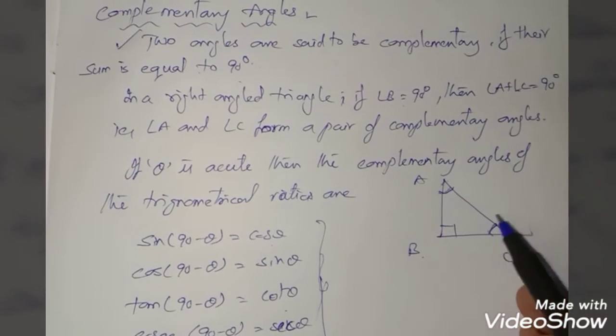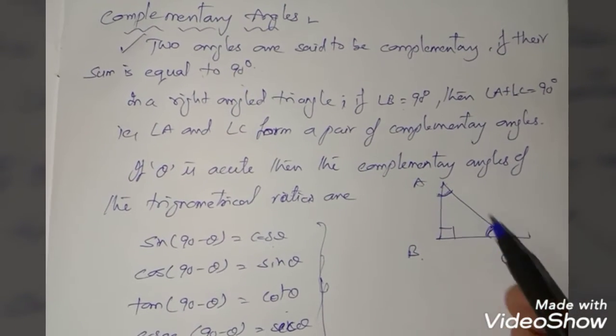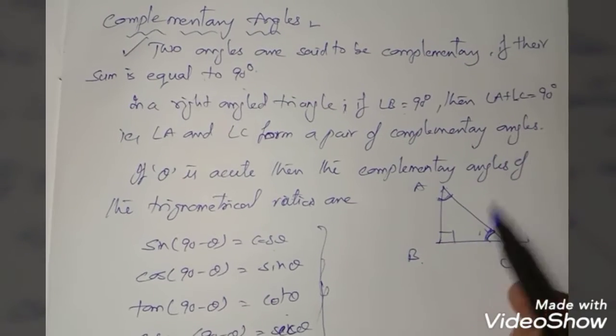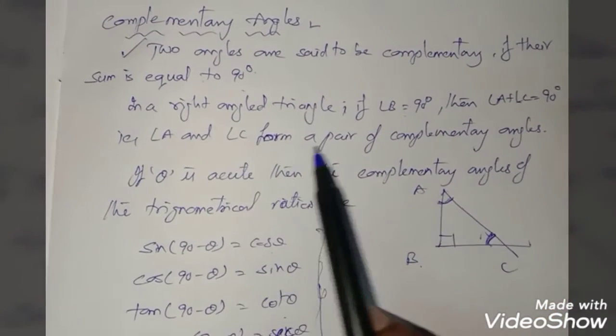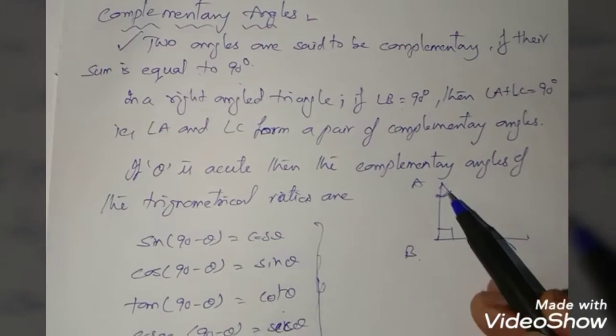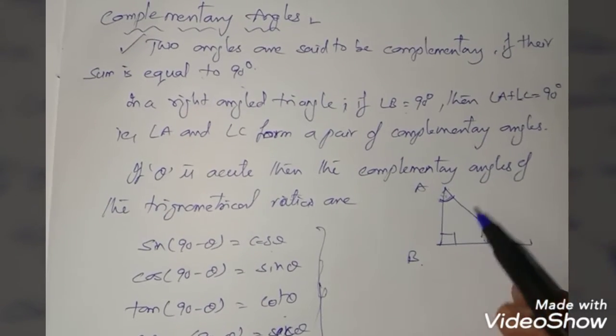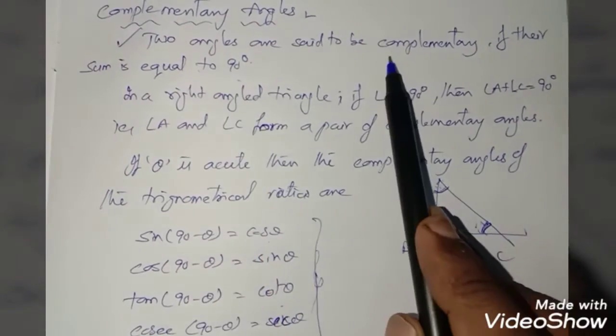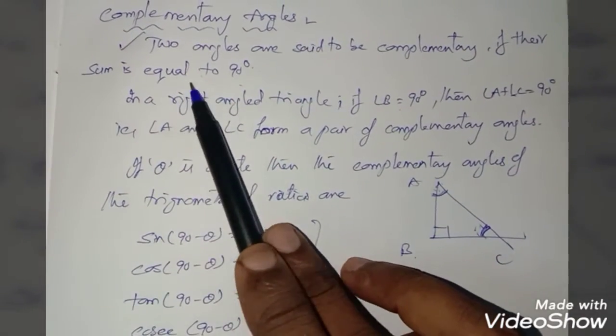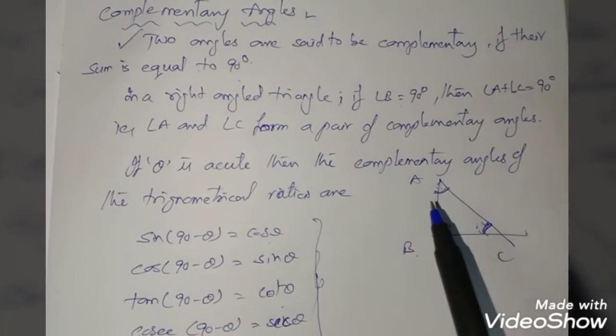The sum of these two angles, angle A and angle C, gives 90 degrees. So we can say that A and C form a pair of complementary angles. It means if I add these two angles, we get 90. When the sum of two angles is equal to 90, they are called complementary angles.